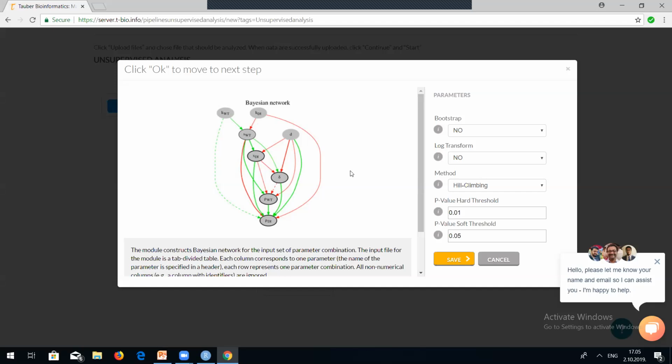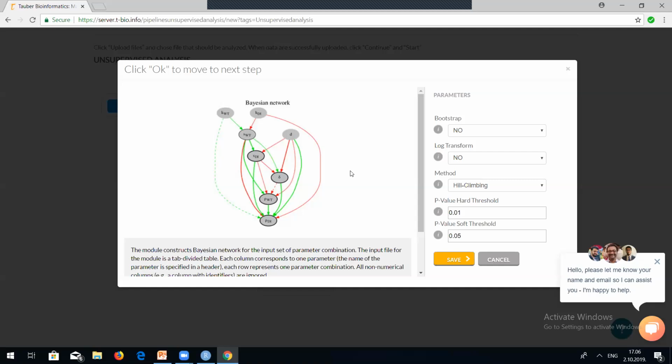Another dimension that a Bayesian network will add is that it will create a certain hierarchy of those connections, right? So it's not just A, B, C, D and they're connected. It will tell you if A is, for example, connected to B, and B is connected to C, but A is also connected to C, right? So it will create a hierarchy or some pathways of those connections in the network.